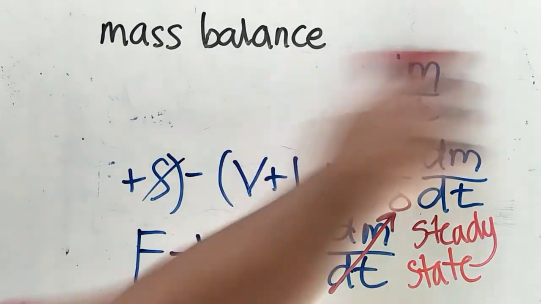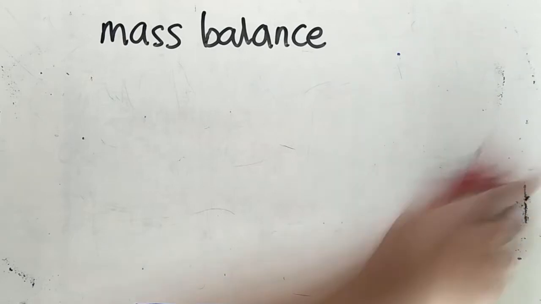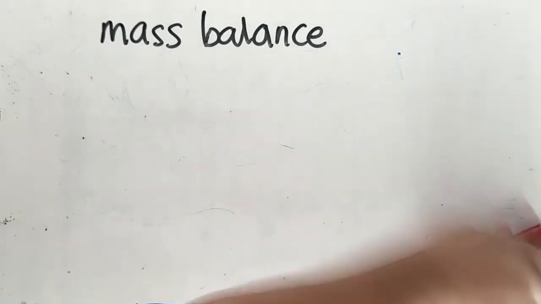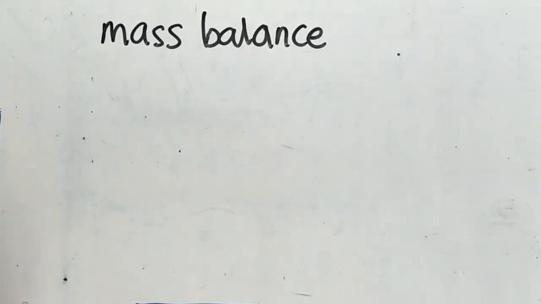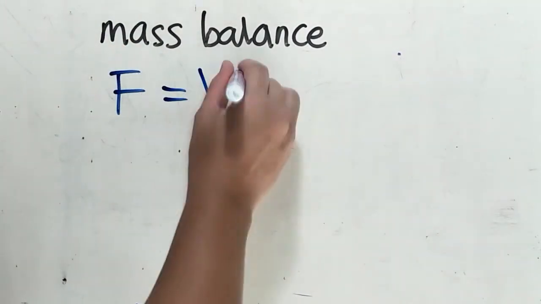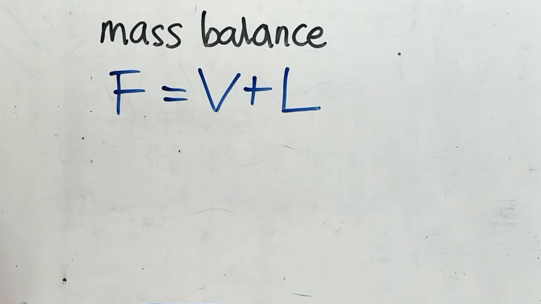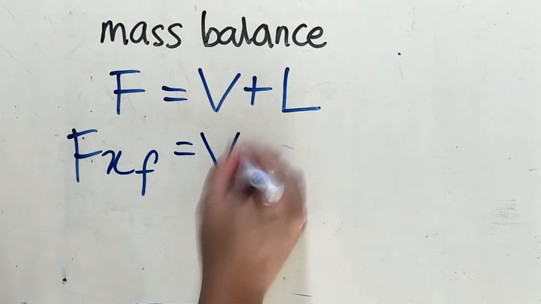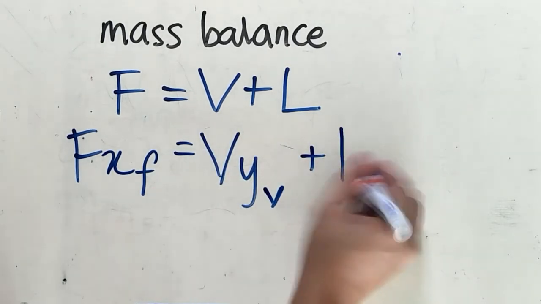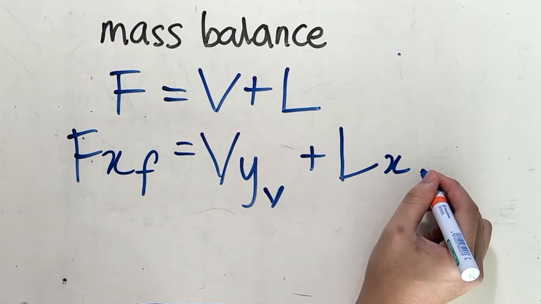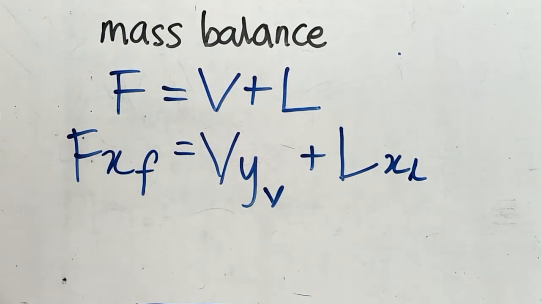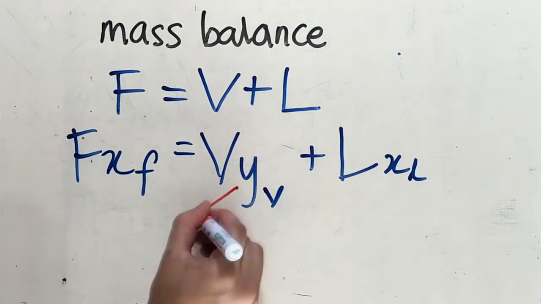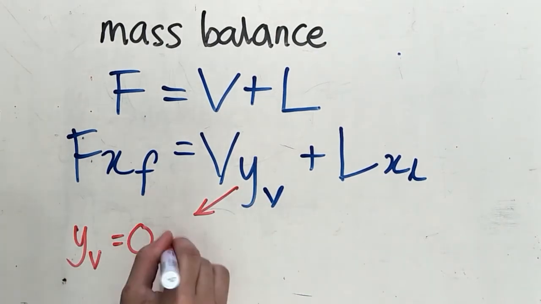Next, we'll discuss the mass balance of the solute of the system, which is the actual pure orange juice. We again take mass in equal to mass out, where mass in is our dilute feed F and mass out consists of vapor V and concentrate L. Substituting, we get feed flow rate F times feed concentration XF equals vapor flow rate V times vapor concentration YV plus product flow rate L times product concentration XL.